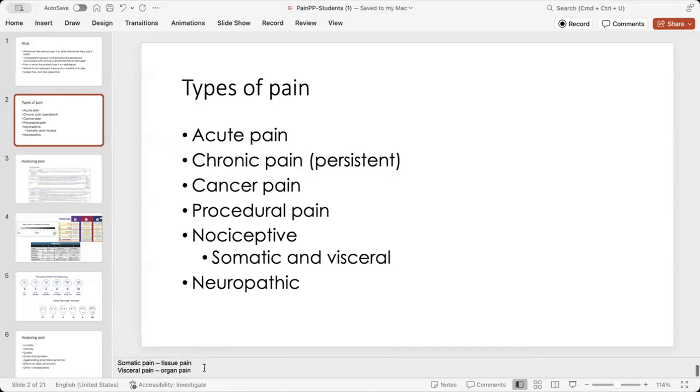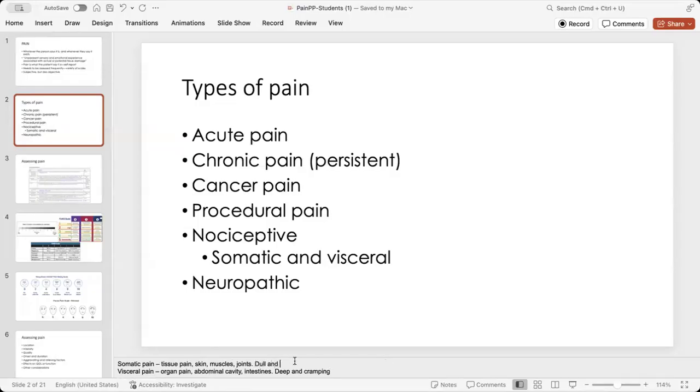So somatic is more of the skin, muscles, joints. Visceral is more like the abdominal cavity and intestine. I'll give you a few different types of pain. Visceral is deep and cramping, whereas somatic might be more of a dull aching.